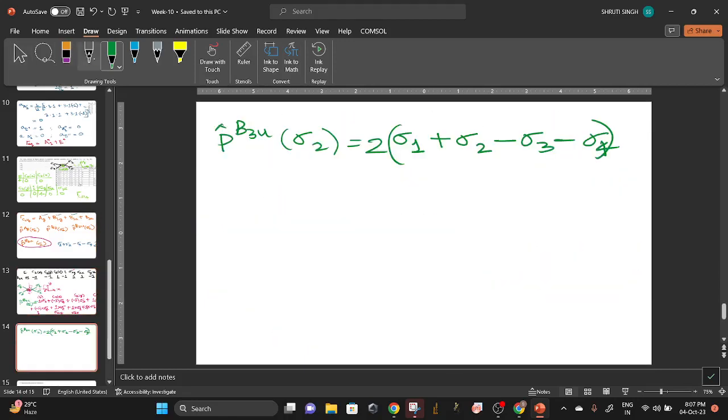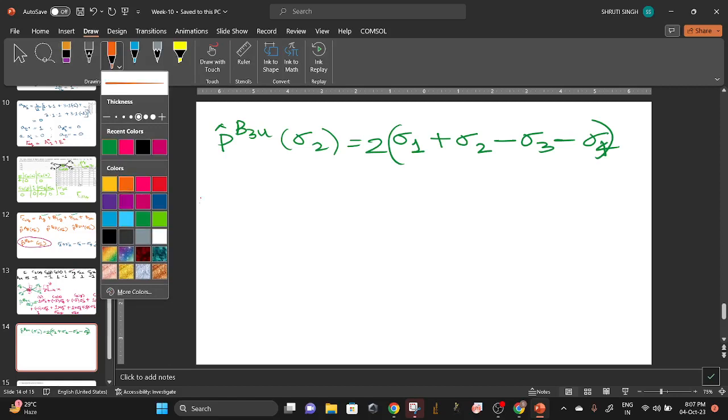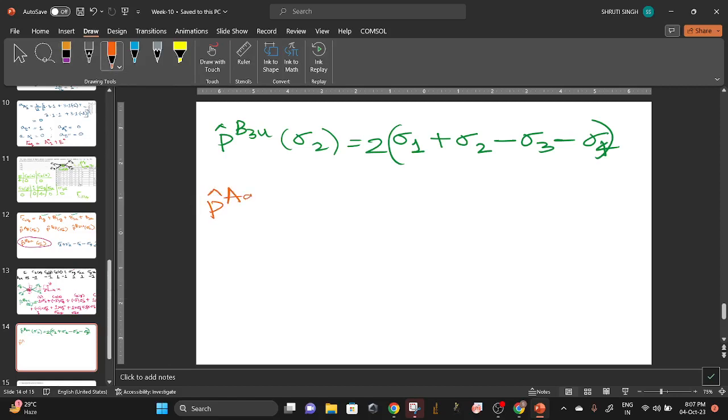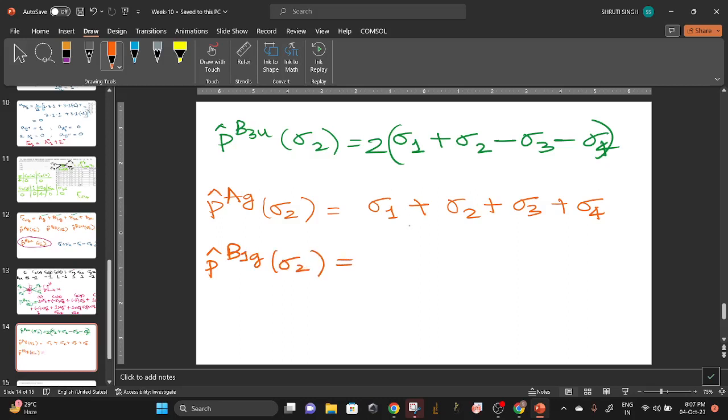If you do that, for AG you will get the totally symmetric representation, all plus. For B1G, you will get sigma 1 minus sigma 2 plus sigma 3 minus sigma 4.